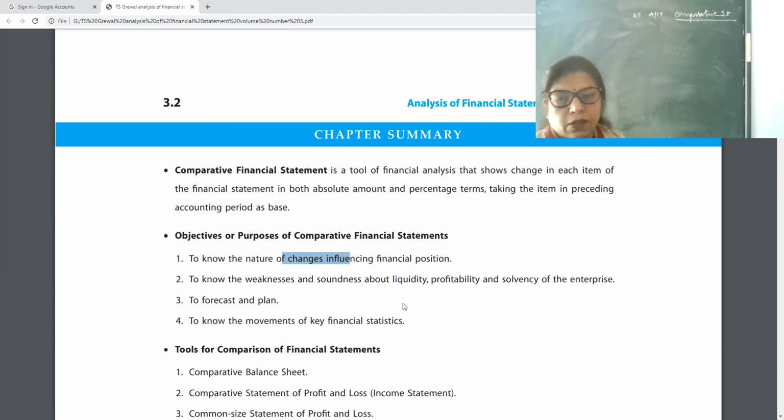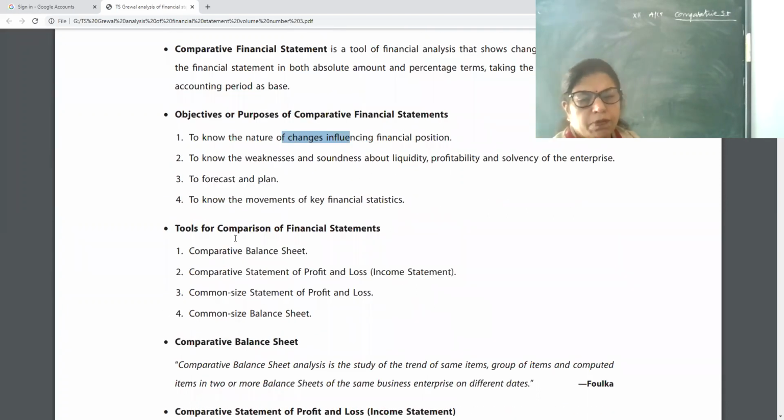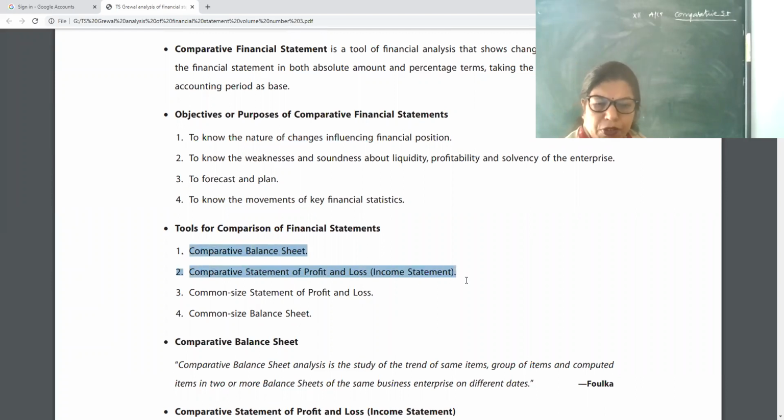If the business in the current year is increasing, we can say that the future is bright. And for financial statistics that can be used. So tools for comparison: comparative balance sheet and comparative profit and loss, then common size balance sheet and common size statement of profit and loss.